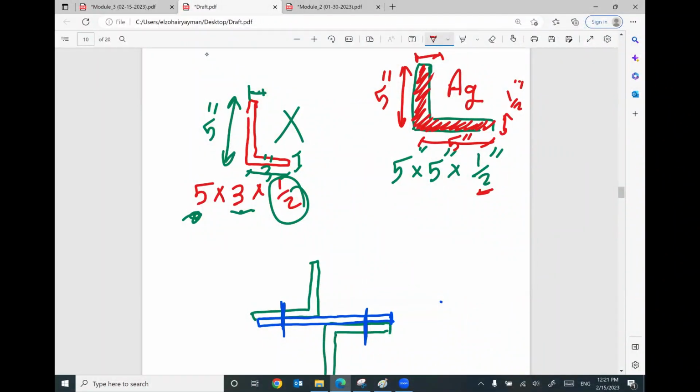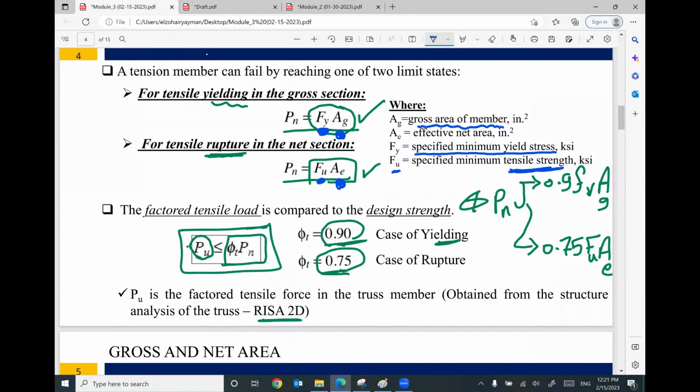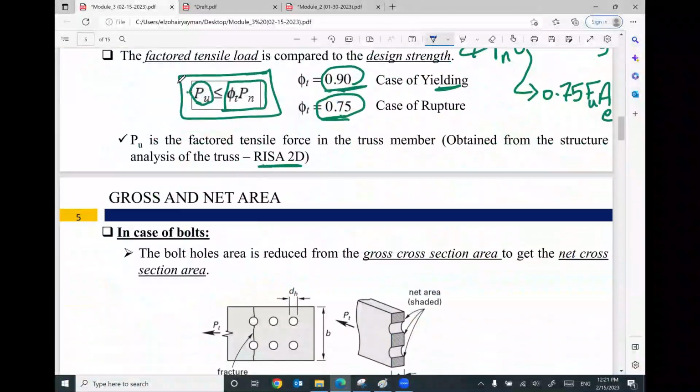If you have a double angle, the area gross will be the area of the two angles. This value can be located from the table of the angles. Area effective is the effective net area.